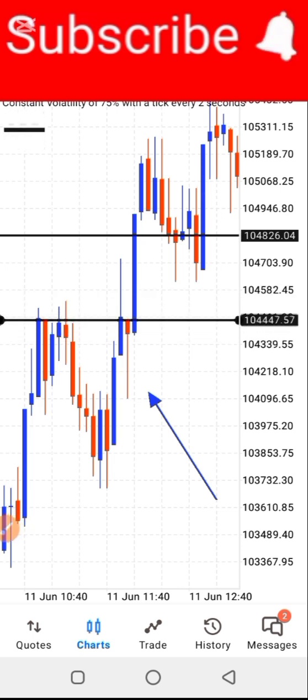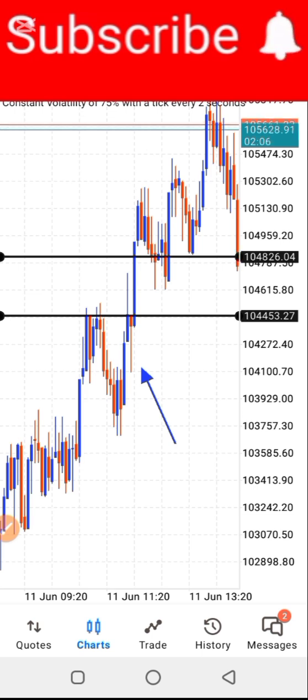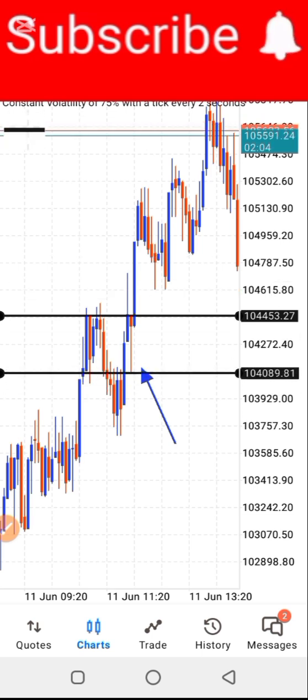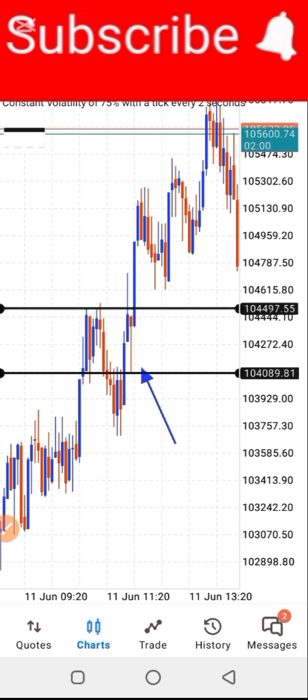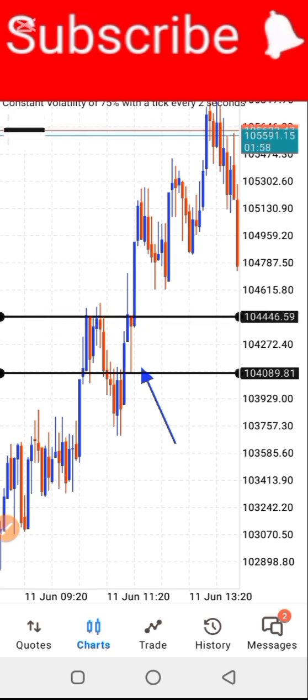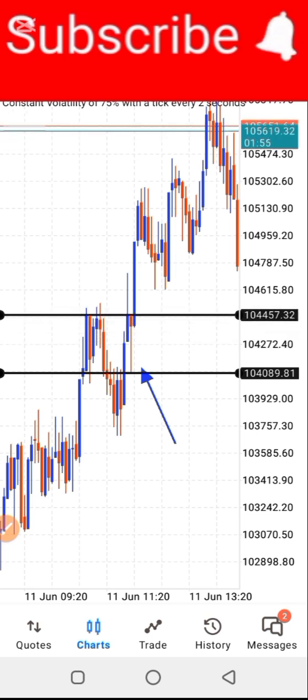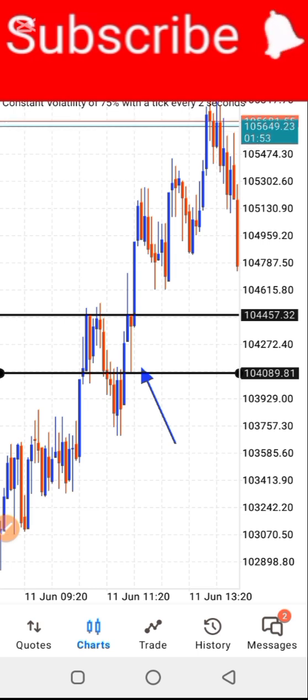So I'm trying to mark out the zone right here and here. Okay, all right, so the zone is marked out.